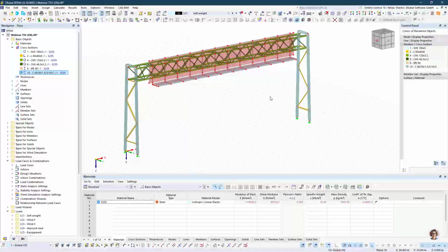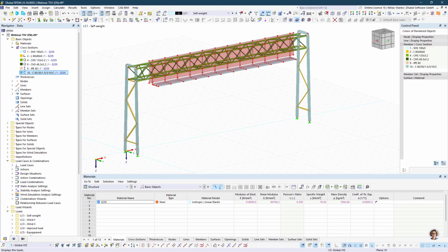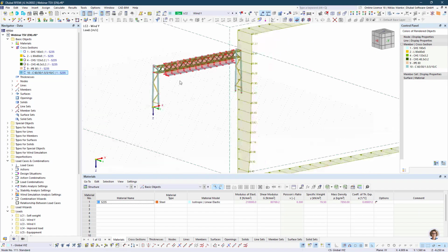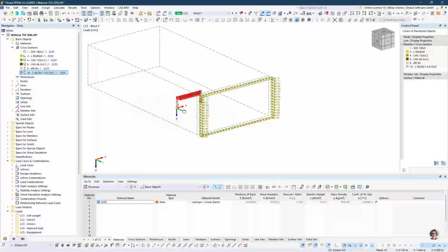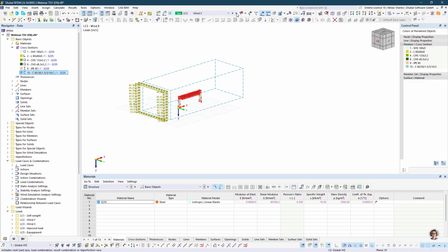Okay, that's the system. Load cases: we have self-weight, which I think is self-explaining. We have two wind load cases, which I calculated with the wind simulation of our wind. One is wind in Y direction, one is wind in X direction.